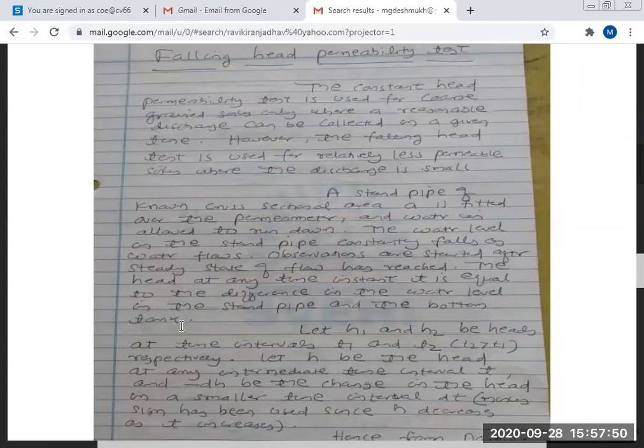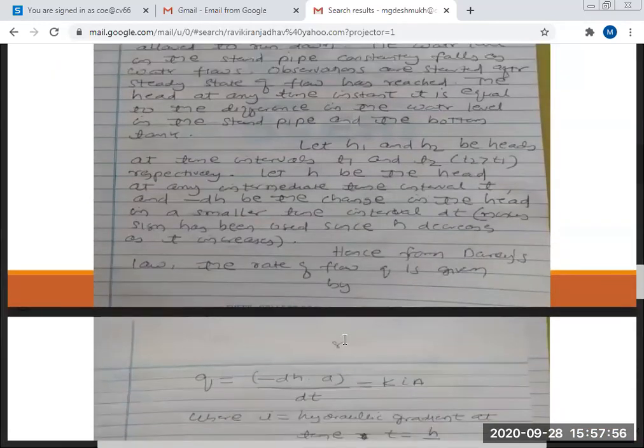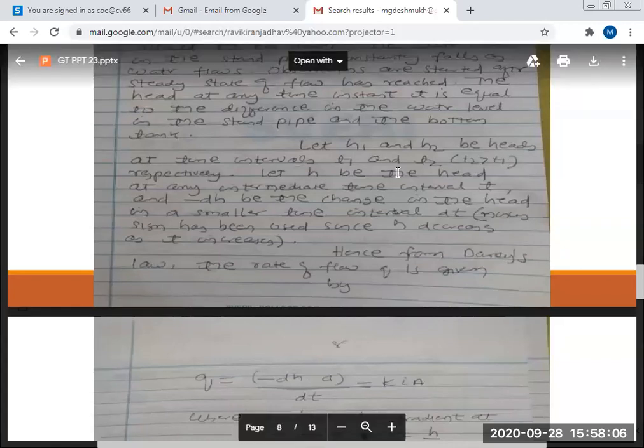In falling head, two readings are taken: one is h1, another is h2. Now let h1 and h2 be the heads at time intervals t1 and t2 respectively.